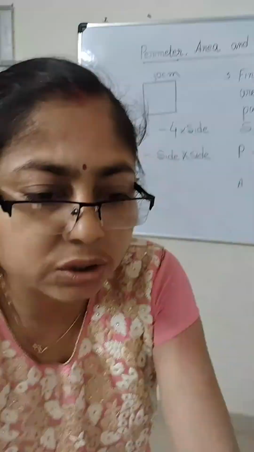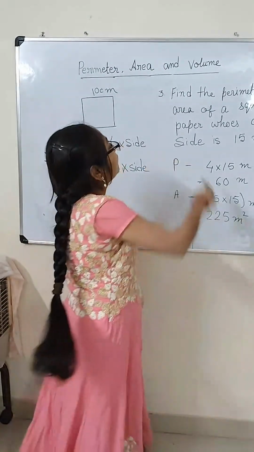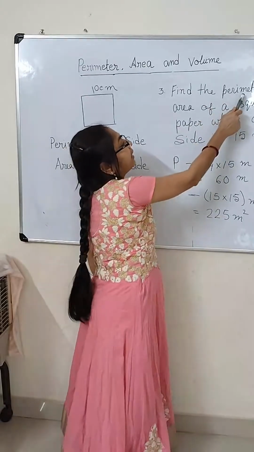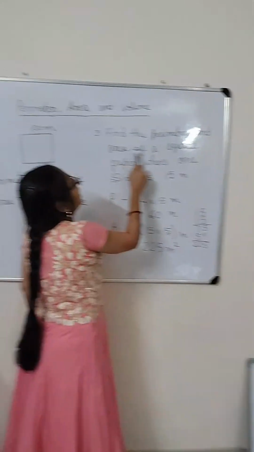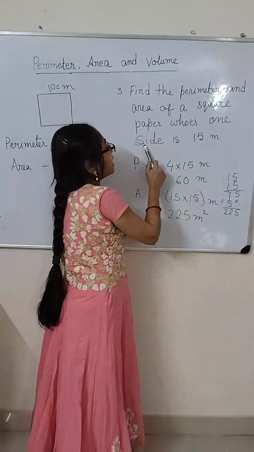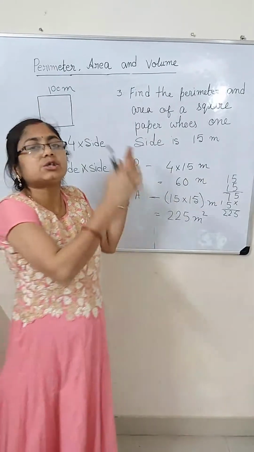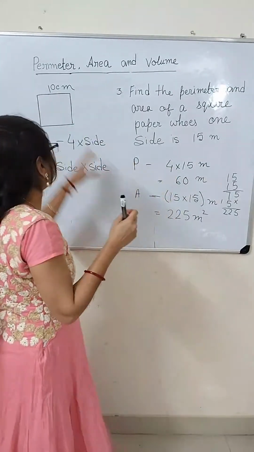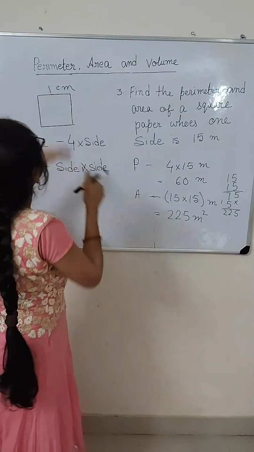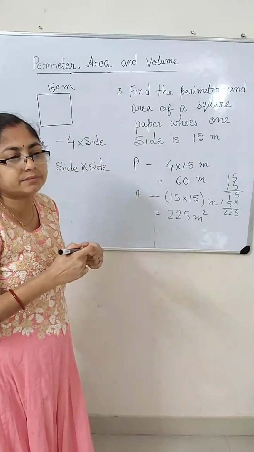I read the question. Now, can you see the board? Find the perimeter and area of a square paper whose one side is 15 meter. Our square's side is 15. Let me change it here. Now please complete the maths.